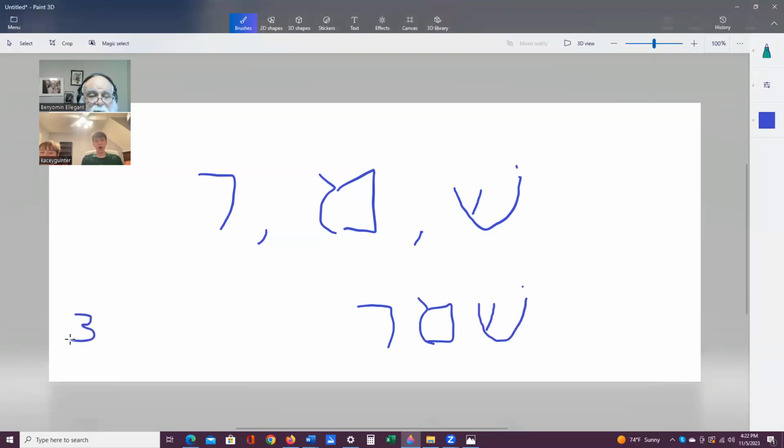But the root is usually understood to be third person masculine singular. Okay? In other words, he. And if I want to say he guarded, it's shamar. Now, that's for the basic verb.